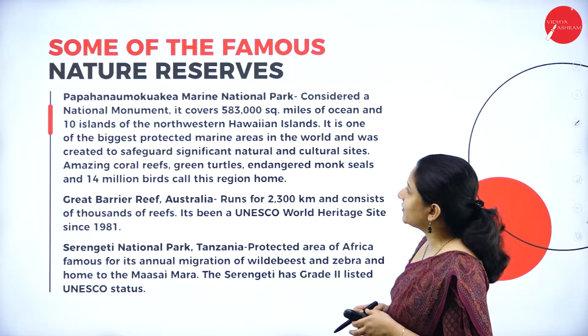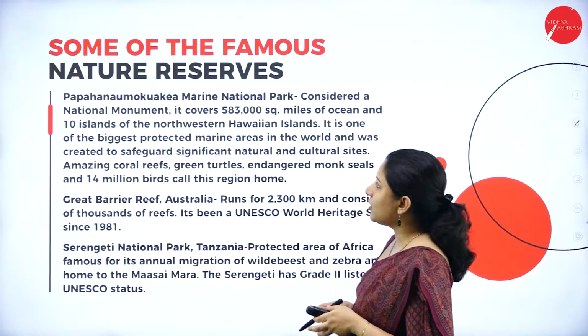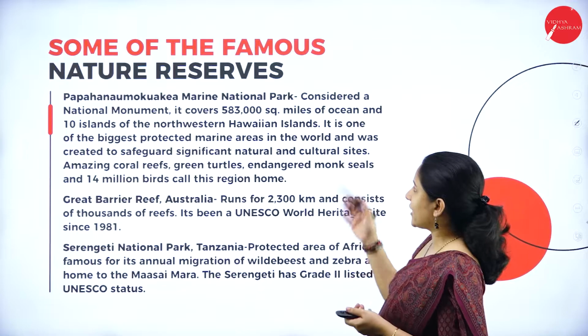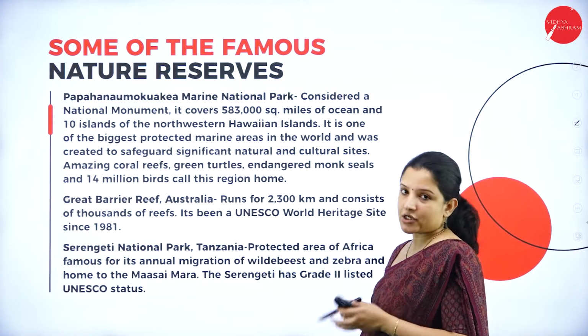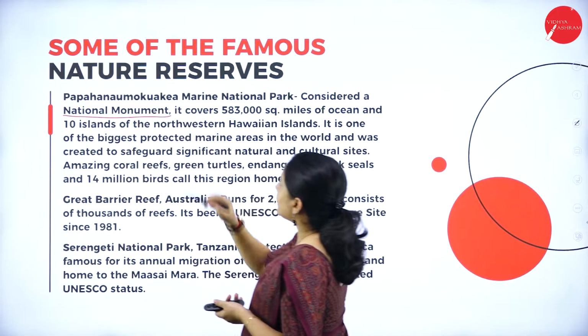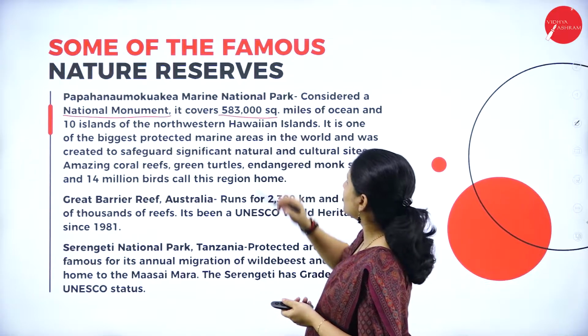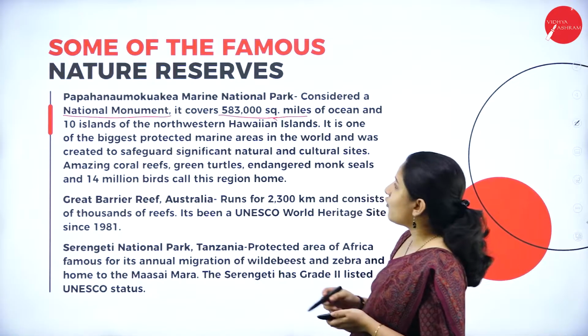Apart from that, there is also one more nature reserve which is called Papahānaumokuākea Marine National Monument, and this national park is considered a national monument, and it spreads over an area of 583,000 square miles of ocean.